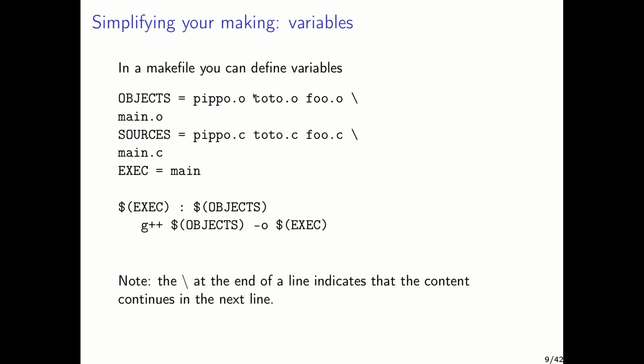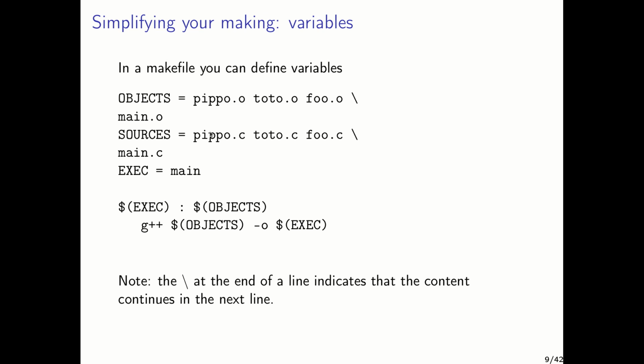In a Makefile, however, you can make things a little bit more interesting by defining variables. Variables are defined in a very simple way: the name of the variable, equal, and a string, in fact, that describes what the variable contains. If you have to go to the next line because maybe it's getting too long, you use the backslash and then you may continue to the next line.